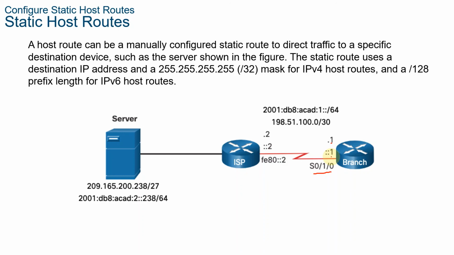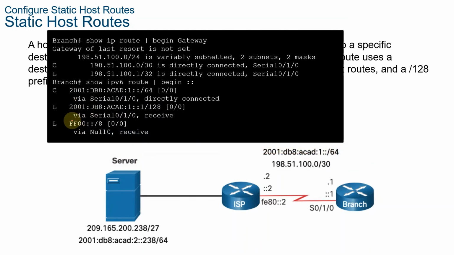Now, the local routes for the interface are installed by the IOS in the IPv4 and IPv6 routing tables. It's in here, denoted by L. So take note, the IP addresses assigned to the branch were indicated on the routing table, denoted here by the letter L.